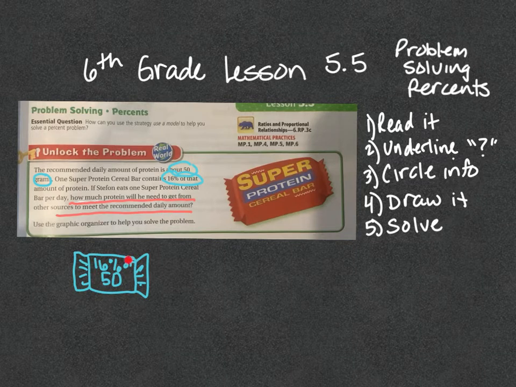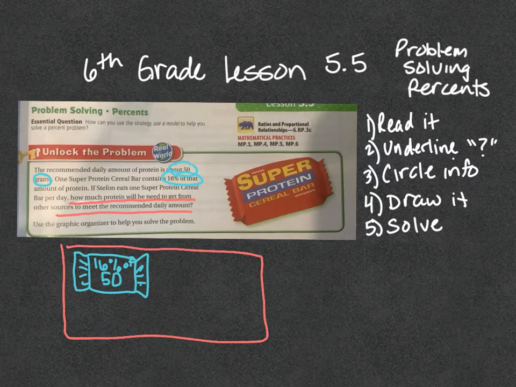They said if he eats one of these, he still has to get the rest of his. So he has his whole daily amount of 50 grams that he needs. That would be 100%. And this cereal bar is only giving us 16%.